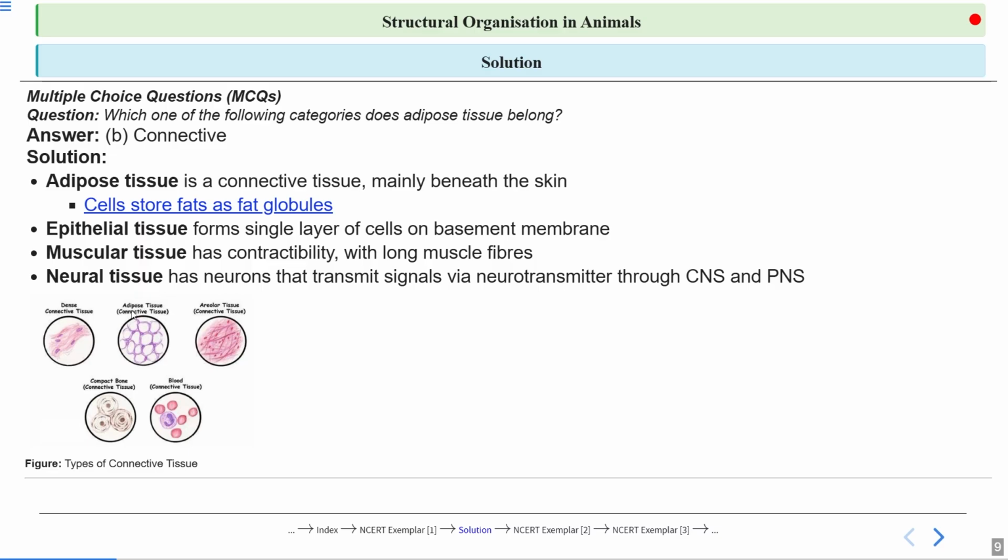Dense connective tissue, adipose tissue, that is a type of connective tissue. Areolar tissue is also a type of connective tissue. And we have a very special type of connective tissue, the compact bone. Bone is also a type of connective tissue, and blood is called fluid connective tissue, right?